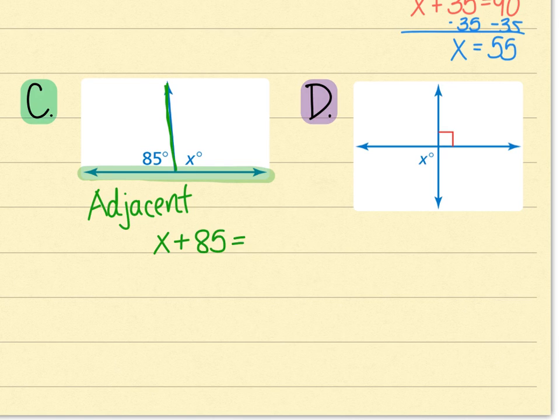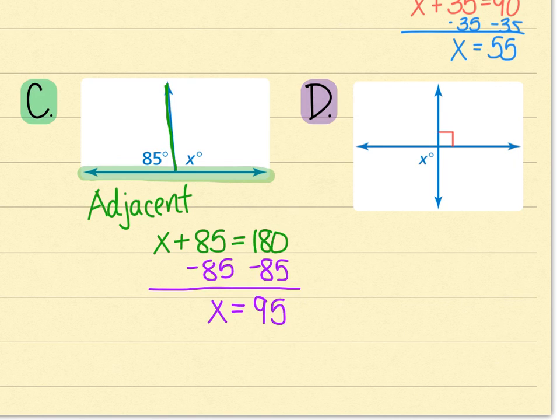Again, adjacent just means that they're next to each other. That's not telling me why they add up to 180. The reason why they add up to 180 is these two adjacent angles together form a straight angle. And so if I subtract 85 from both sides, I'll get x equals 95. So the measure of angle x has to be 95. And then you can check your work. Does 95 plus 85 equal 180? It absolutely does.